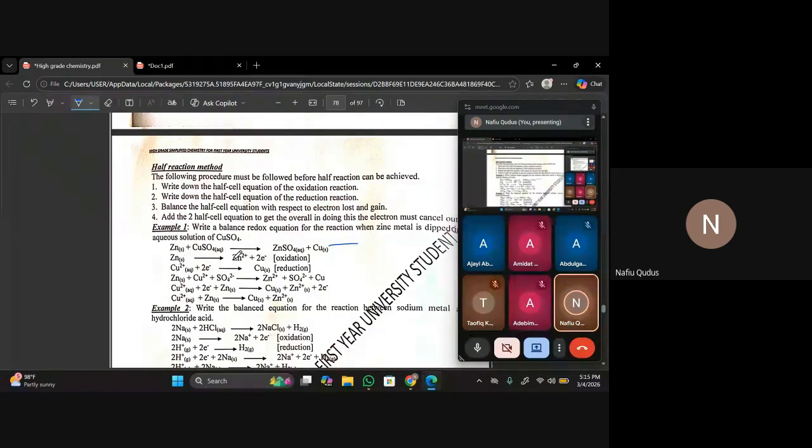The first thing we need to understand is which of the species undergoes oxidation and which undergoes reduction. When zinc stands alone, its oxidation state is 0.